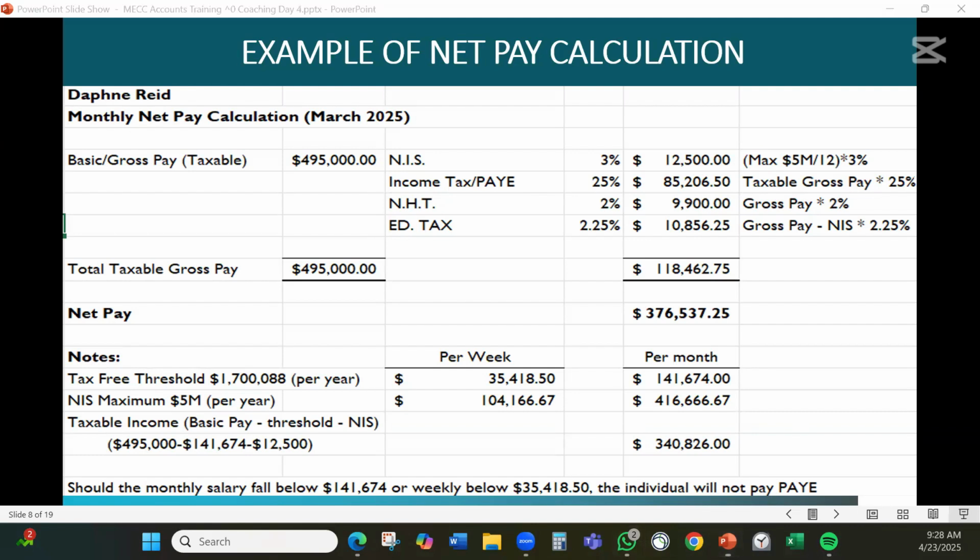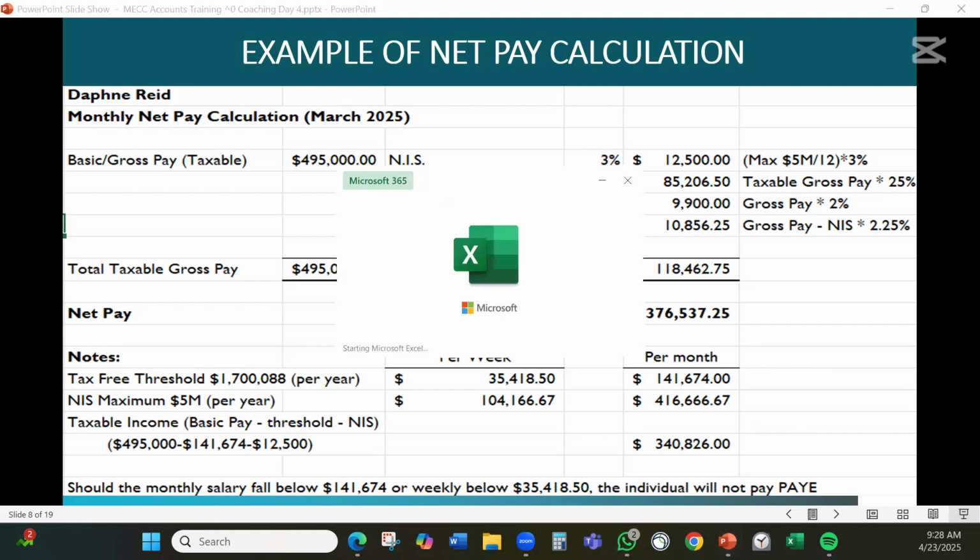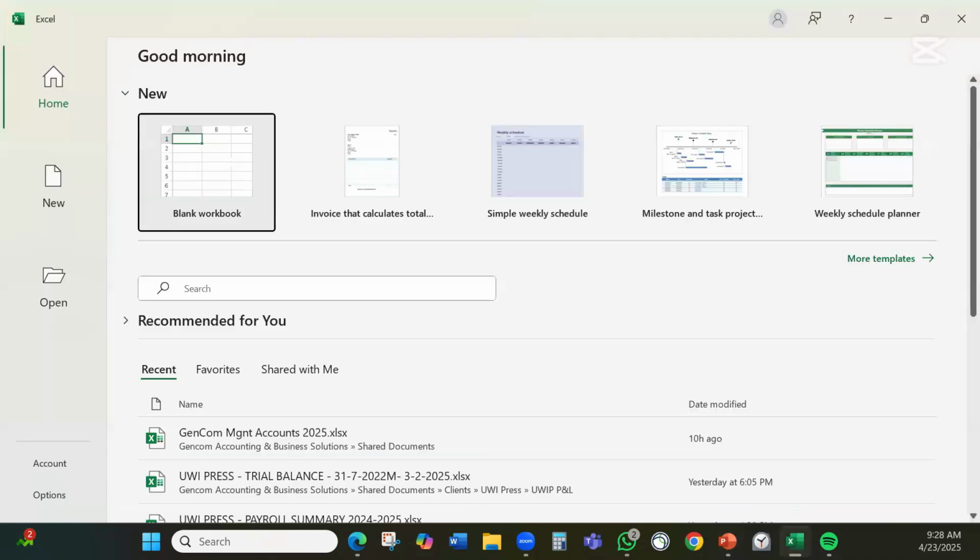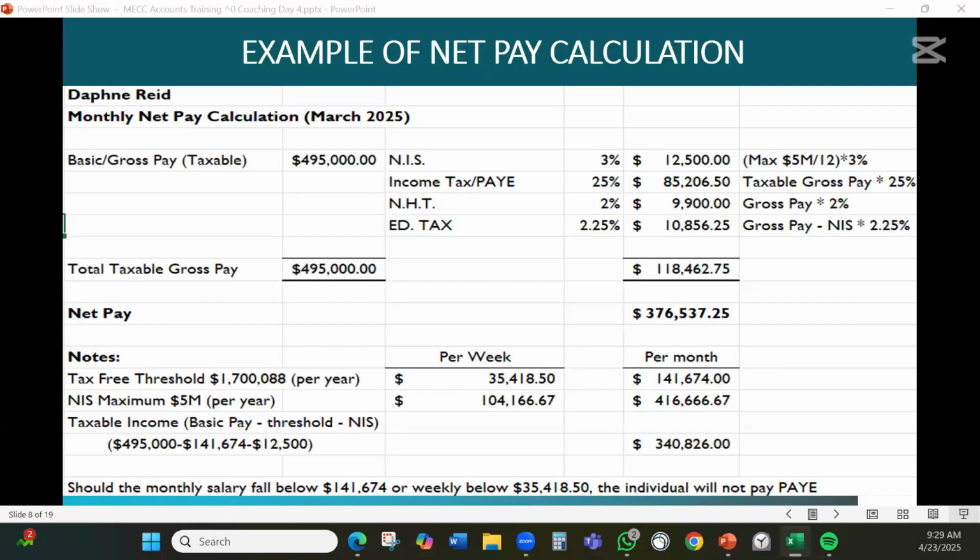When we were calculating for you as a sole trader or entrepreneur, we looked at it at the end of the year. Now we will be looking at it for a month, so our threshold is going to be based on a monthly basis rather than a yearly basis.